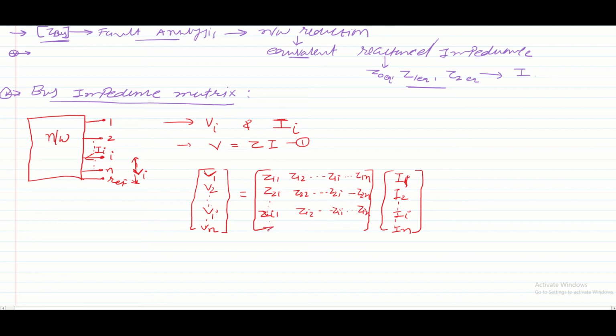Same way for the nth bus, it is Zn1, Zn2, Zni up to Znn.